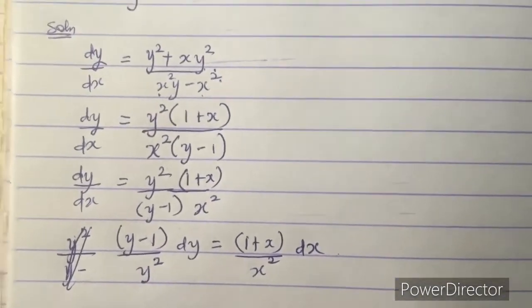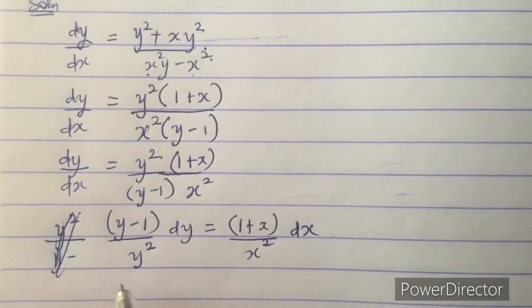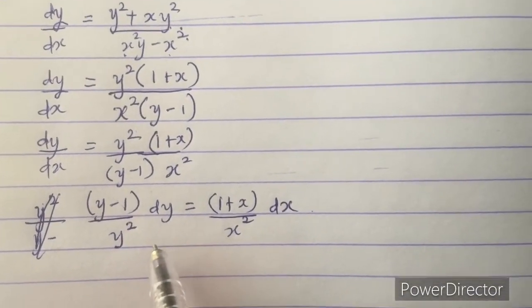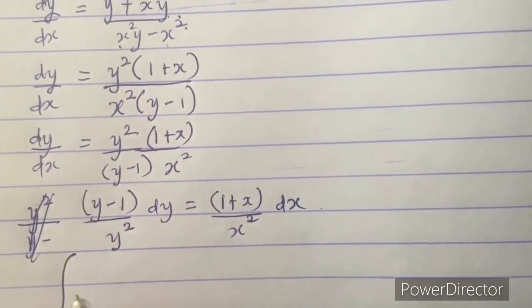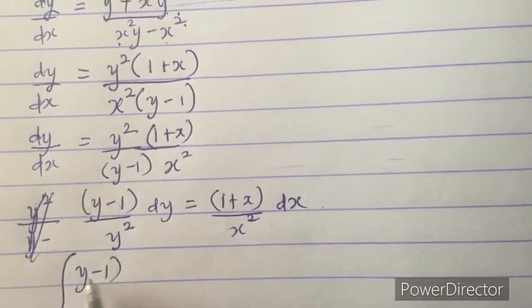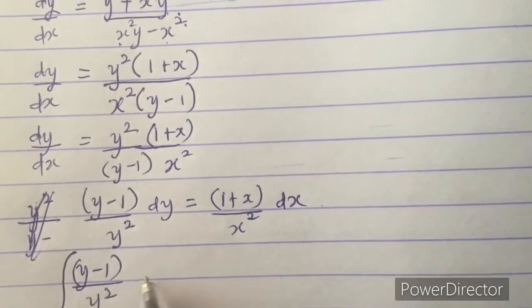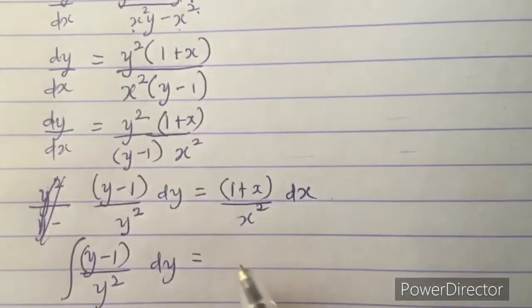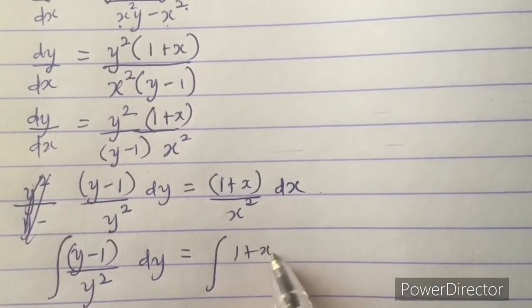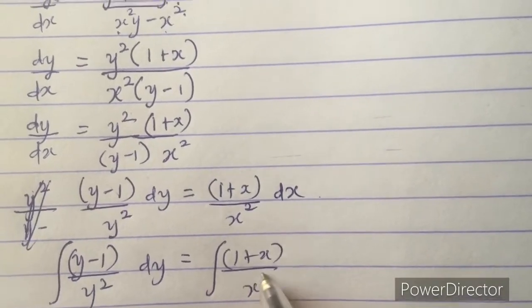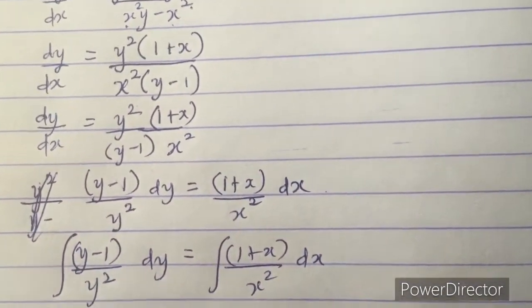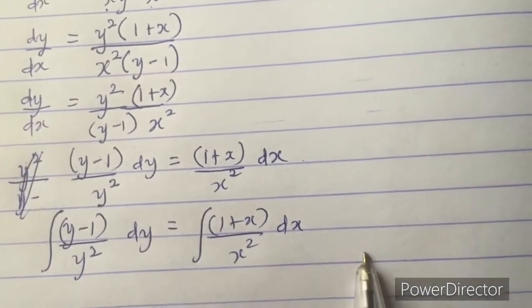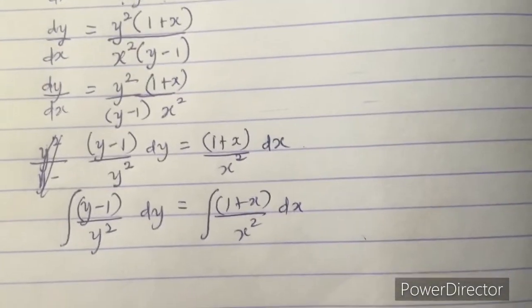Now the next thing is we have to find the integration. You can just say integral of (y minus 1) all over y square dy equals integral of (1 plus x) all over x square dx. Since we've been able to get our y's at the side and our x's at the side, we applied integration.